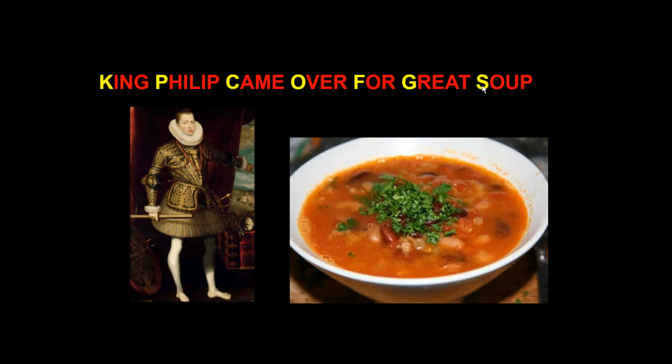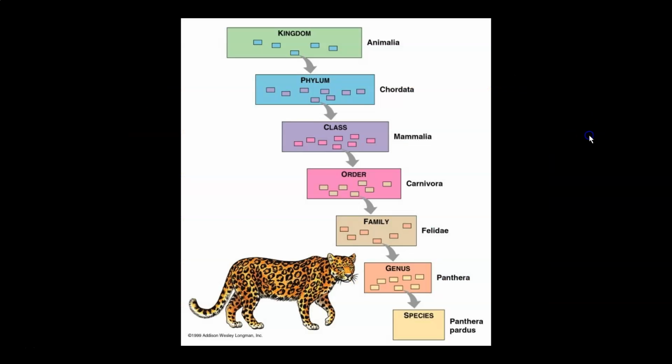So this helps you remember because you're going to have to memorize this order. Kingdom, phylum, class, order, family, genus, species. So King Philip came over for great soup. You can make up your own mnemonic if you want. The more interesting, the better, right?